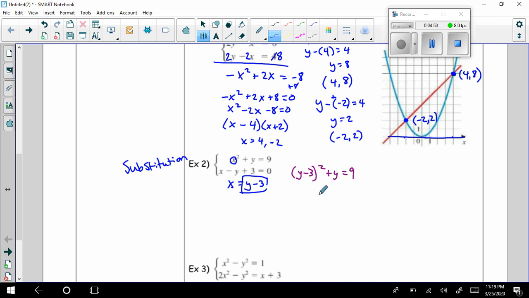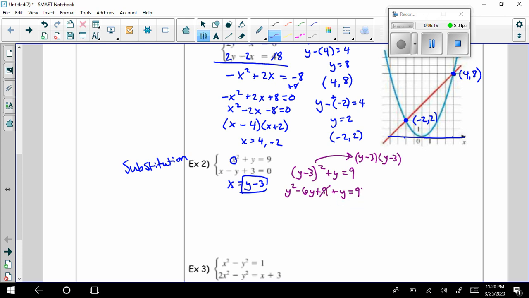For this particular problem, I'm doing it a little bit more of a complex way just so you kind of get the idea here. This squared is y squared minus 6y plus 9. Please make sure you FOIL it. Plus y equals 9. I got that from taking y minus 3 times y minus 3.